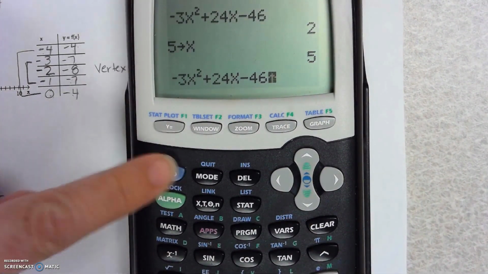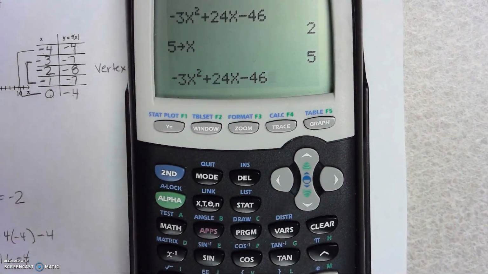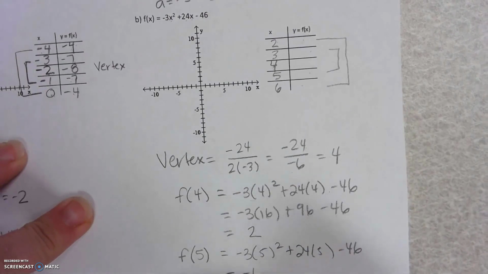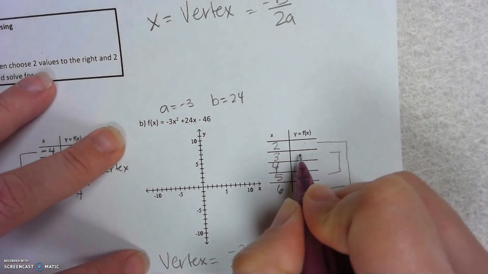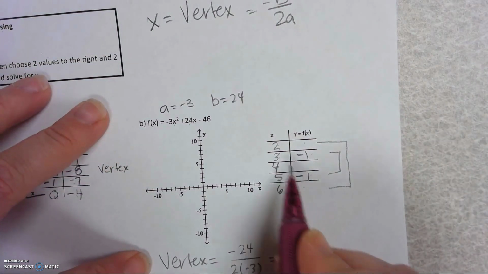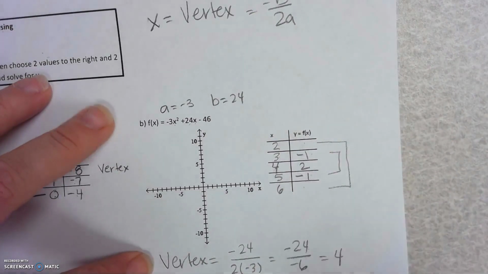When I see the function, I'm going to hit enter. And I get negative 1. That means when x is 5, y is negative 1, and when x is 3, y is negative 1. We got 2 there.